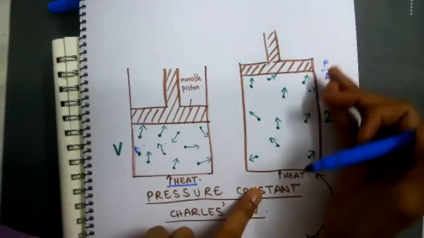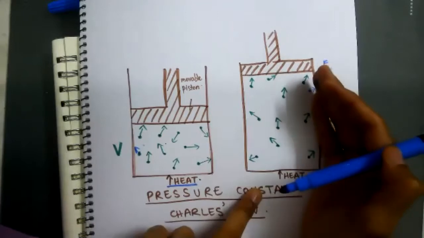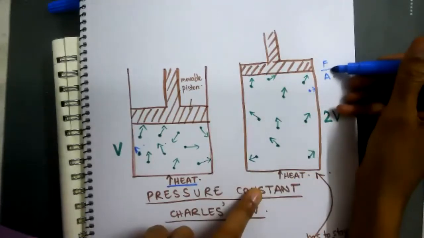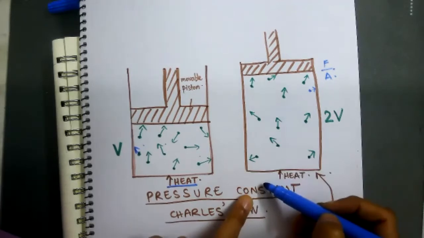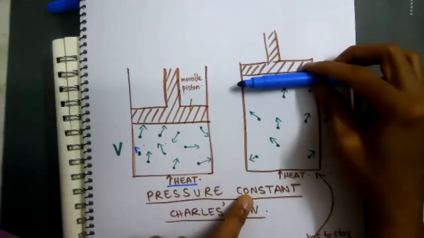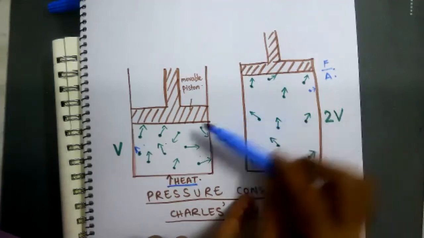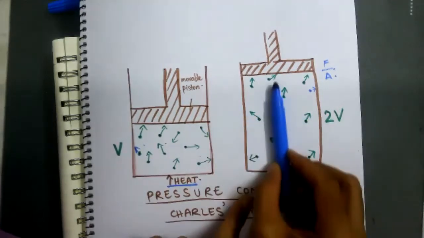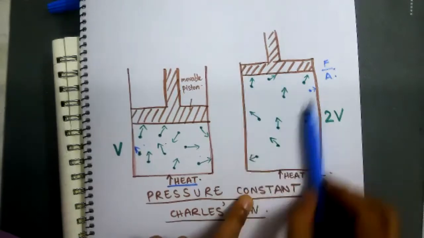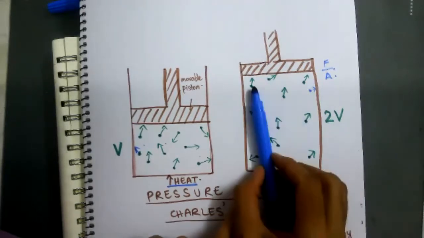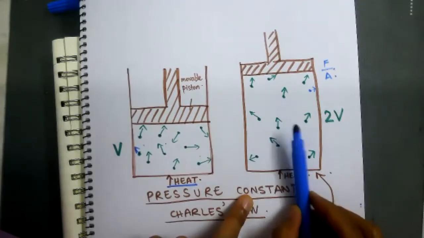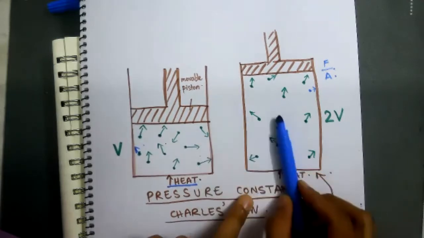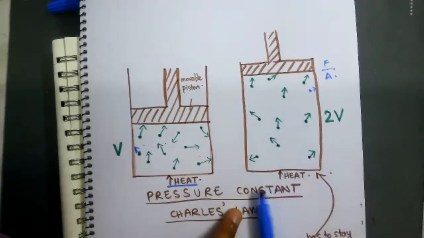Therefore, the pressure would be constant while the temperature would be raised. So if you want the pressure to be constant, you have to increase the volume. And you can also look at it this way, that the molecules are pushing the piston up and therefore increasing the volume, because they want the space between them to be increased. So the temperature is raised, the volume is raised, but the pressure is the same.